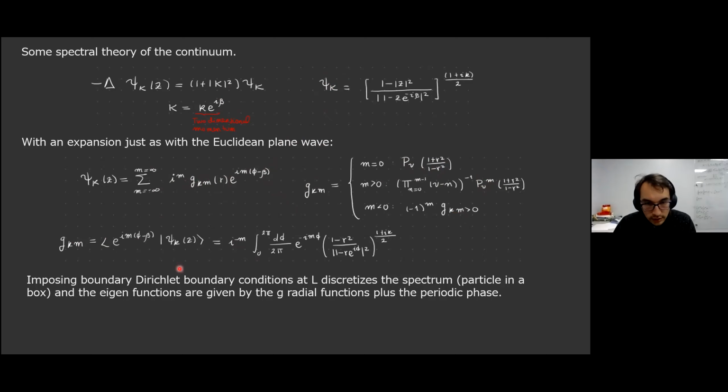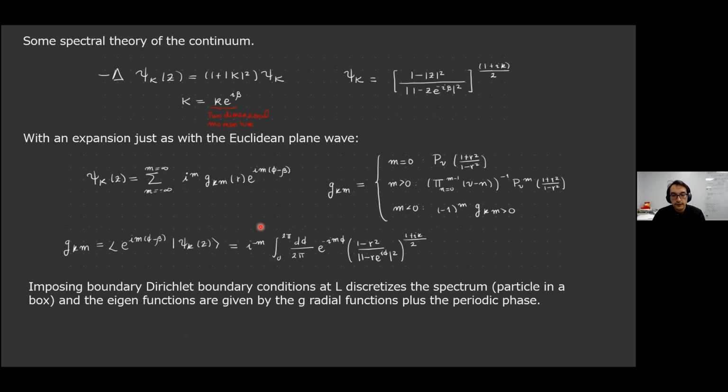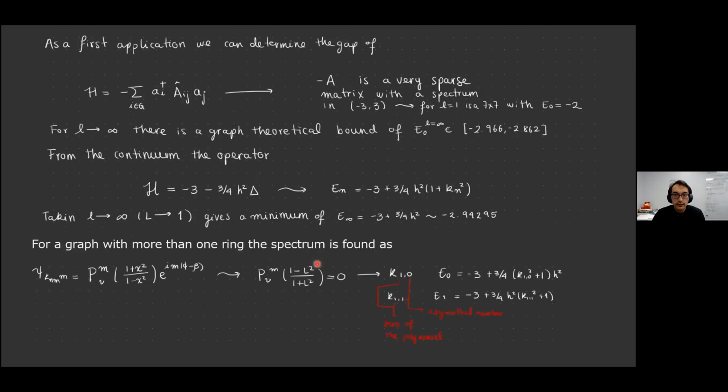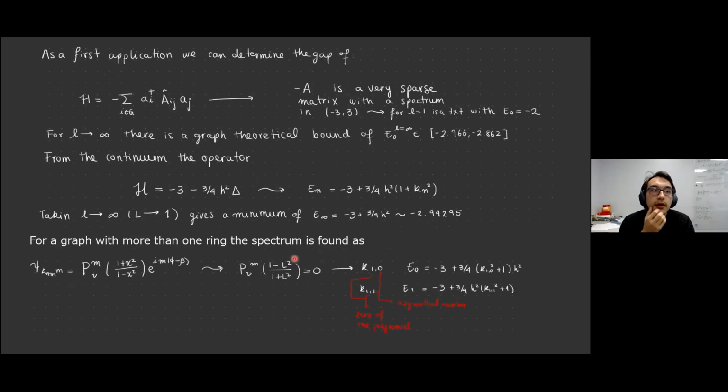And they can be found by using the inner product in the hyperbolic space on top of this function. Alternatively, you can plug in this ansatz for your eigenfunction, and you will find that the G functions follow the Legendre equation.